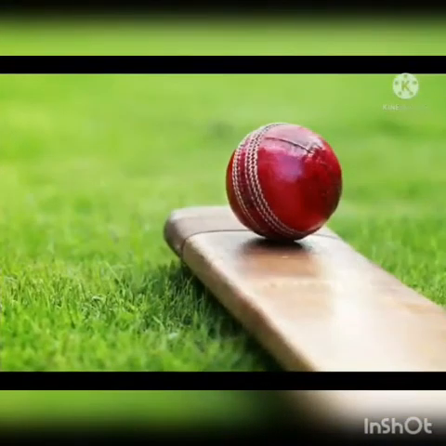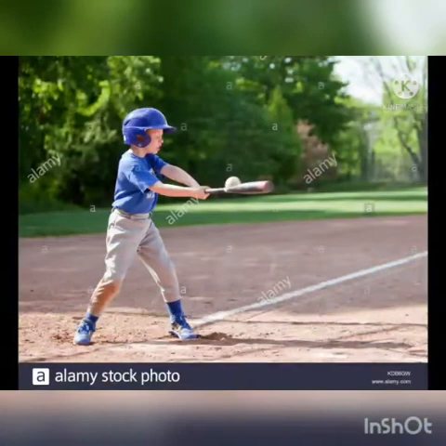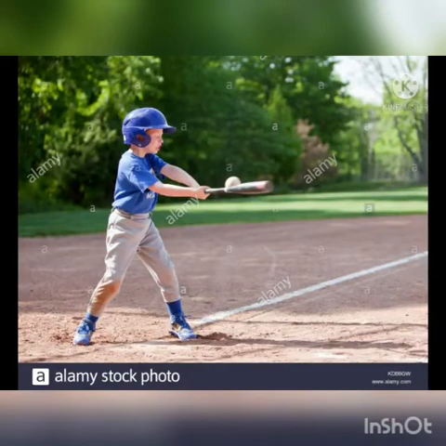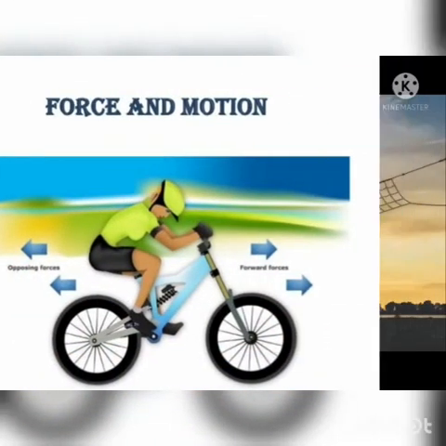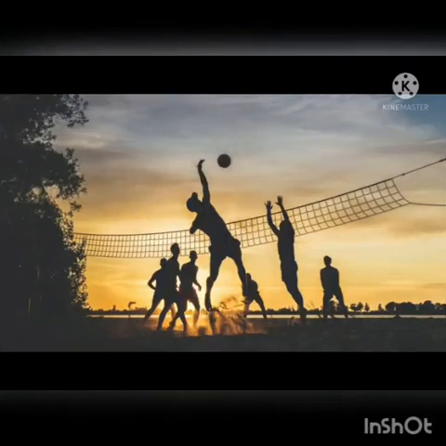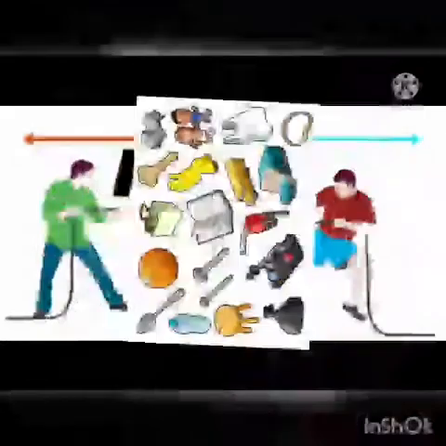Here the ball is thrown in a straight path, but the batsman hits the ball, thereby changing the direction of motion of the ball. Similarly, in the game of volleyball, the players often push the moving ball to their team. So, in both these examples, we can say that there is a change in direction of the object due to the application of force.